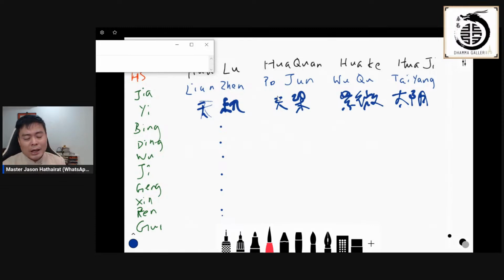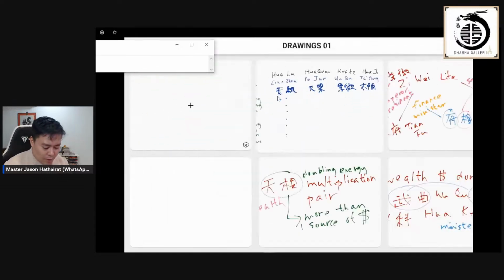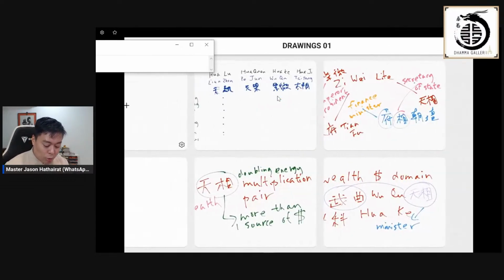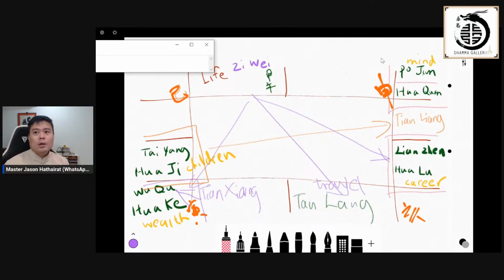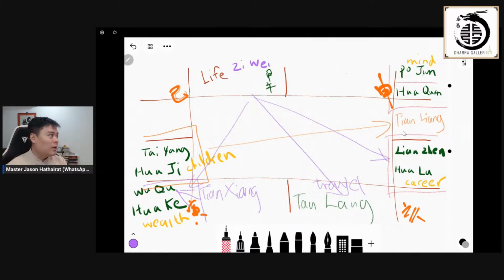But ultimately, the interpretation of a chart is more than just looking at the raw data. You really need to look at the chart as a whole to see which domain the flying stars are flying into, and when they are paired with certain major stars, what it means. Also, the direction of the flying of the stars will show you different things.